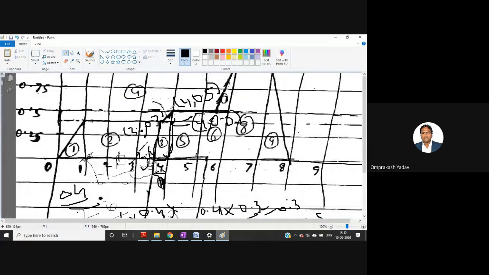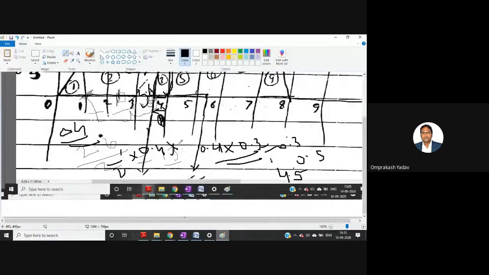Height is 0.5 minus 0.3, because this line is 0.3 and this line is 0.5. So 0.5 minus 0.3 will be 0.2. Right? So you can calculate the area, 1 by 2 into 0.4 into 0.2.